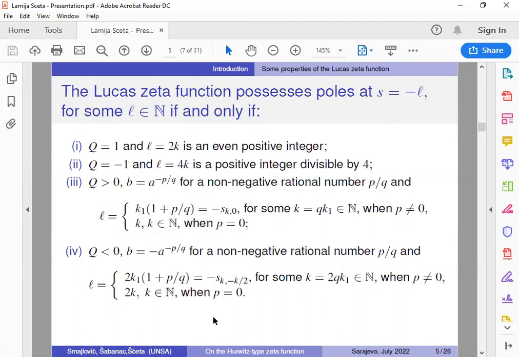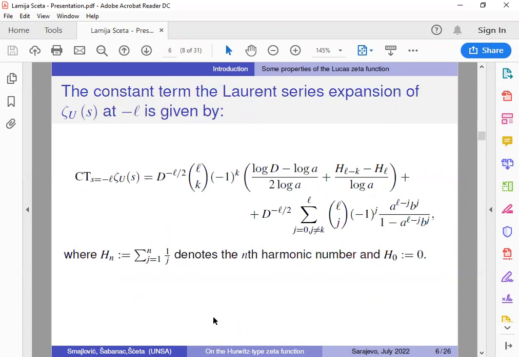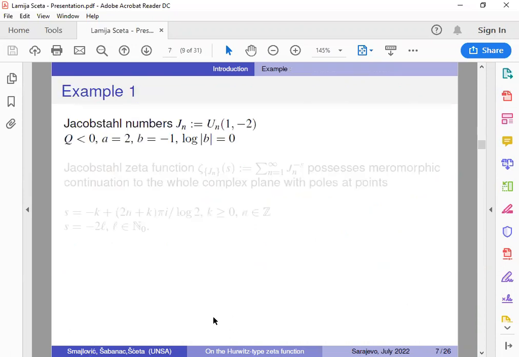We need to be more careful to derive the third and fourth, more careful to find the relation between A and B when we want to get negative poles of the Lucas zeta function. For all four cases, we also derive the constant term of the Laurent series expansion at negative integers, and it's given by this relation where H sub n denotes the harmonic number.